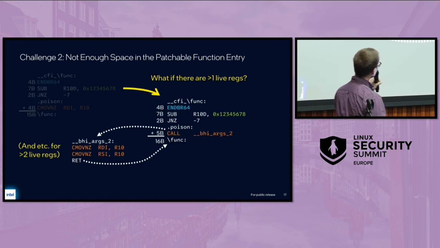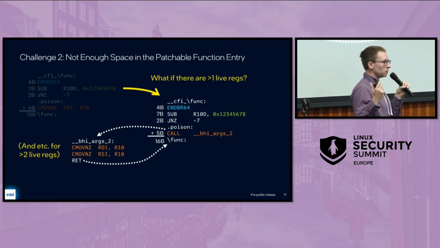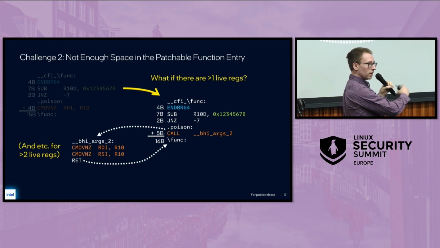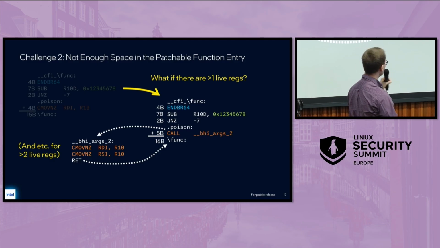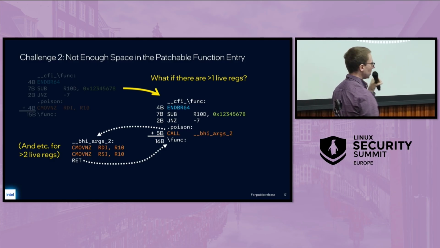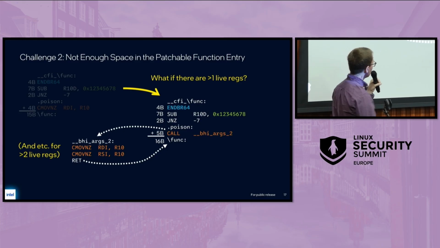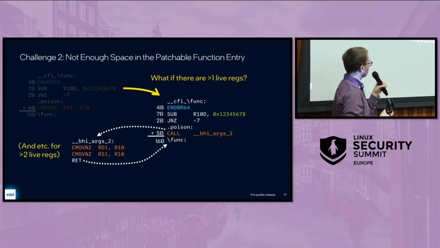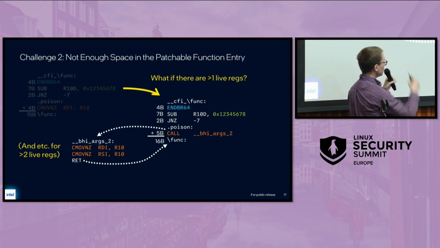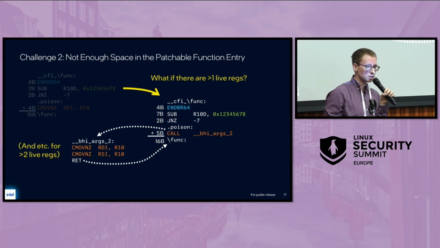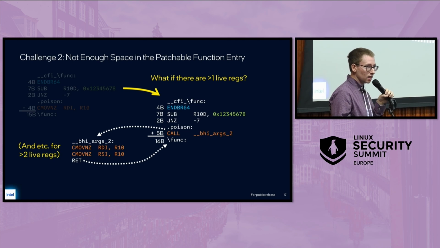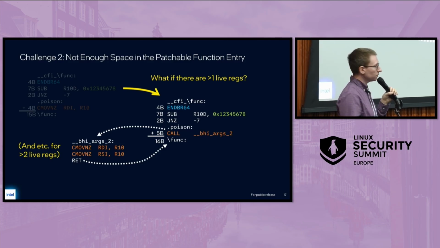And so what we can do is we can take that CMOV out, and instead we can put in a near call, and the call is 1 byte, and then you can have a near immediate operand that is 4 bytes, and you can call one of these little stubs, and we've got one of these for each functionality. And so if you've got a function with 2 arguments, then there's a stub that's defined somewhere in the kernel in assembly that has 2 CMOVs in it that poisons the 2 argument registers. And then so on, 3, 4, and then if you're passing arguments on the stack, it will also poison the stack pointer.